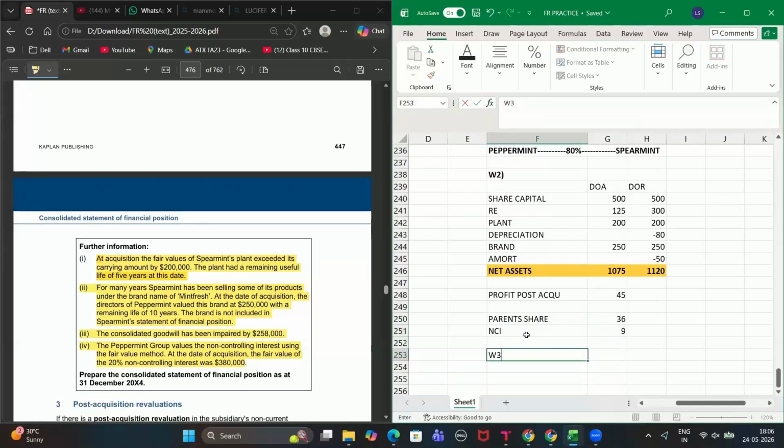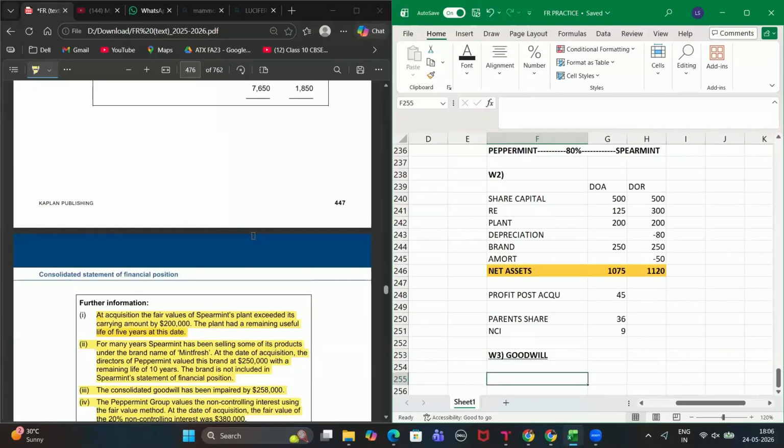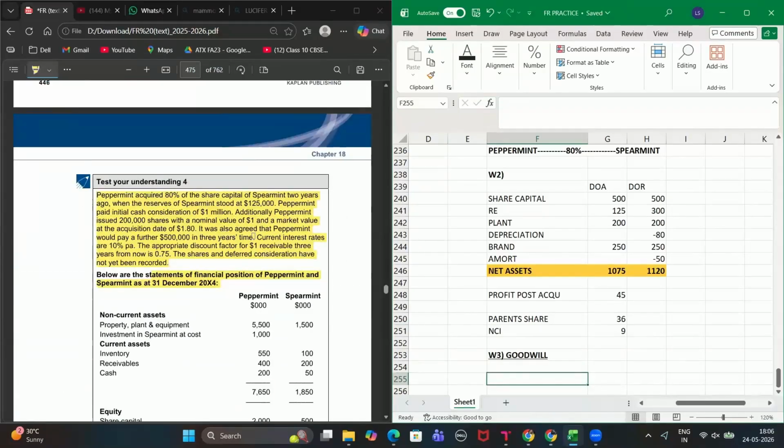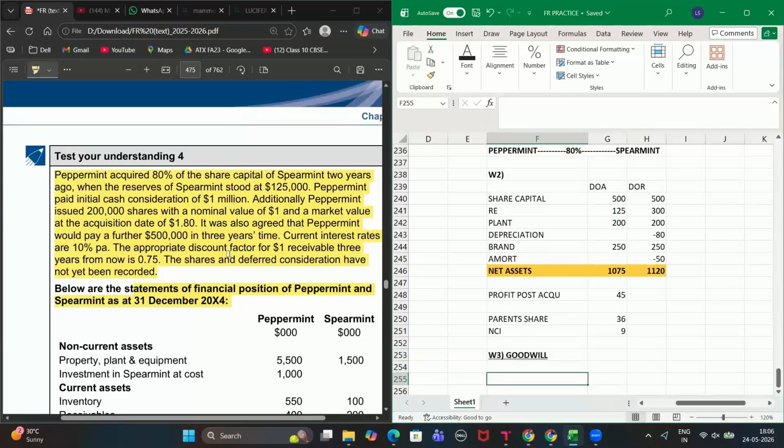Okay. So what about working three? Goodwill. Tell me, what do we need in order to calculate goodwill? Purchase consideration. I told you, if you don't know how to calculate purchase consideration, will you be able to calculate goodwill? Will you be able to calculate working three? No, right?